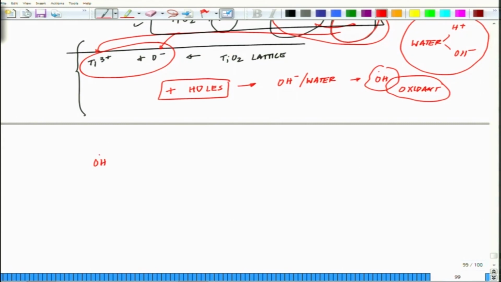Similarly, the hydroxyl radical can subsequently oxidize the organic species. So, when you talk about organic pollutants or any other stuff, it is oxidized with mineralization producing mineral salts like CO2 and water.